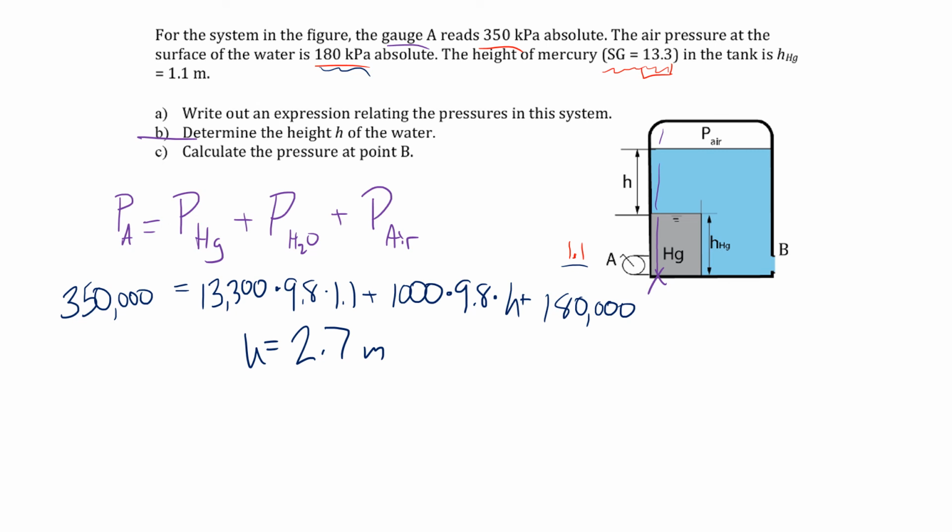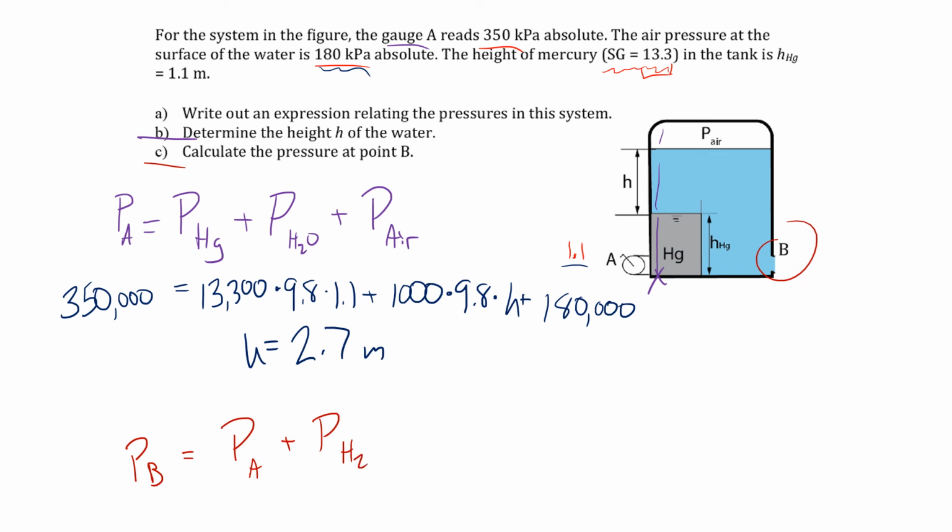Okay, for the last one, we're going to calculate the pressure at point B. We're at the bottom, basically. Now there's no mercury here, so this is actually the easiest one. This is going to equal your pressure of air plus your pressure of water.